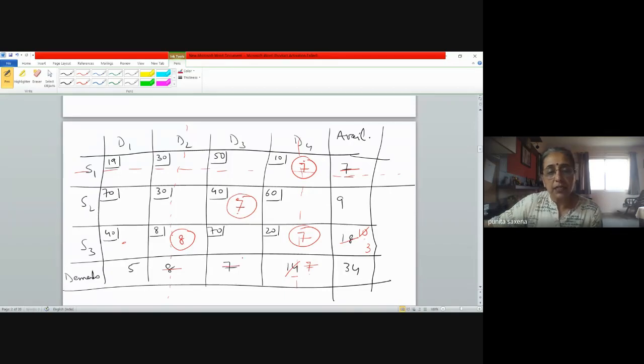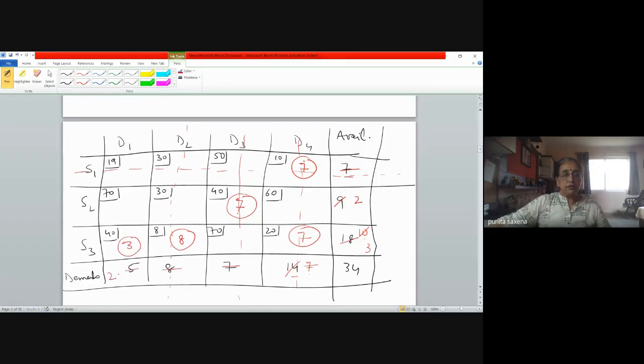So this gets exhausted and this gets left with 2 units to supply and the third column gets eliminated. Now you have a choice only between 70 and 40. Out of these two, minimum is 40 and I can make an allocation only of 3 units because minimum of 3 and 5 is 3 here.